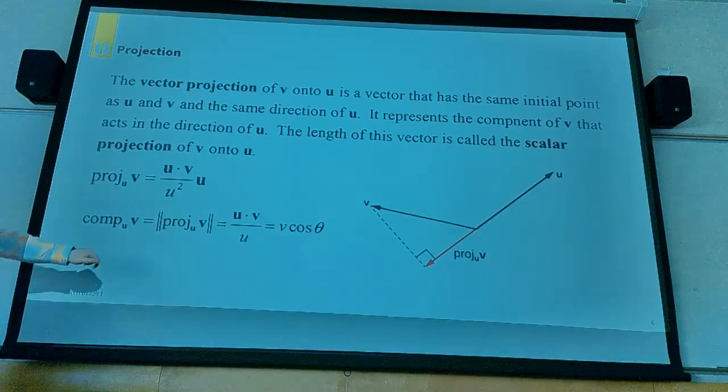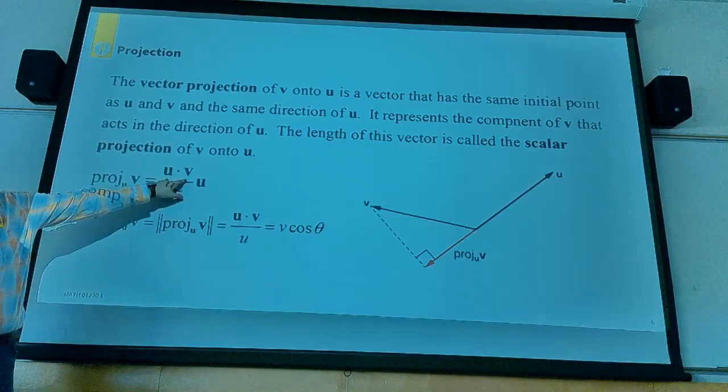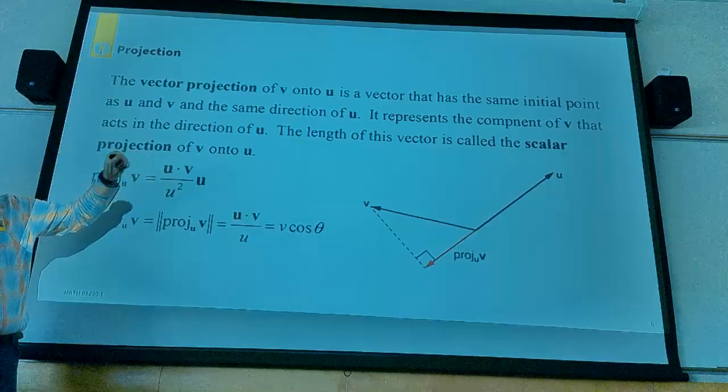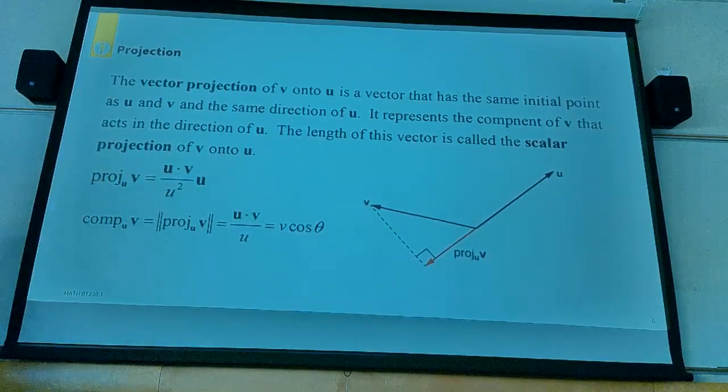All right, remember, U dot V is already a scalar. So if you take the magnitude of a scalar, you just get the absolute value of that scalar.